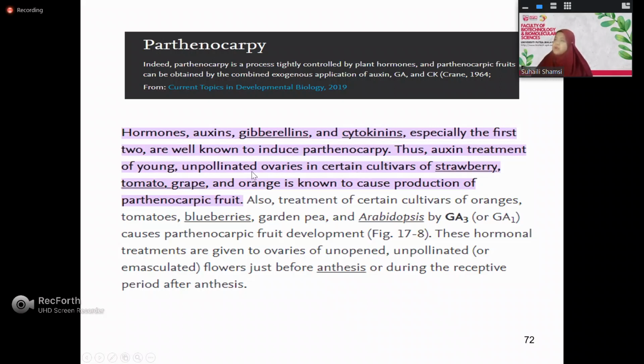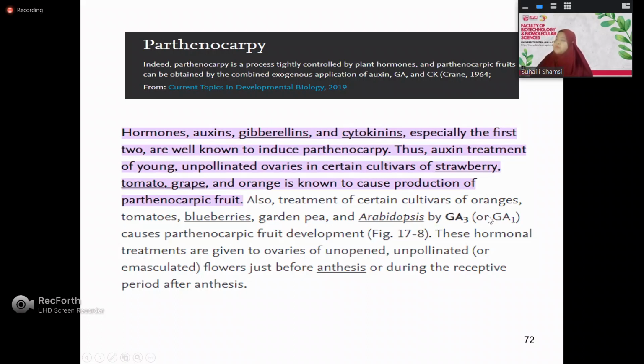Auxin treatment of young unpollinated ovaries in certain cultivars of strawberries, tomato, grapes, and orange is known to cause production of parthenocarpic fruits. Also, treatment of certain cultivars of oranges, tomatoes, blueberry, garden pea, and Arabidopsis by gibberellic acid 3 or gibberellic acid 1 causes parthenocarpic fruit development.